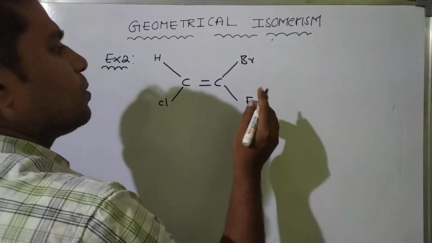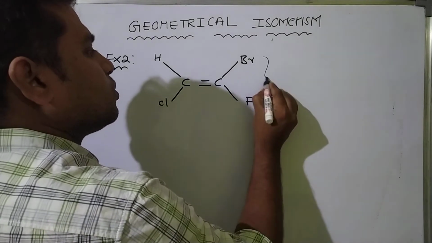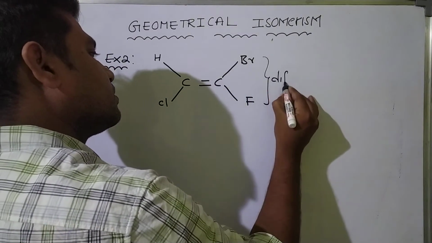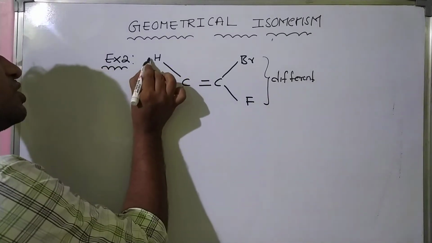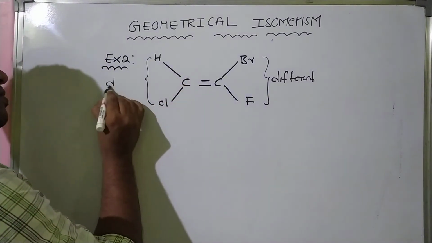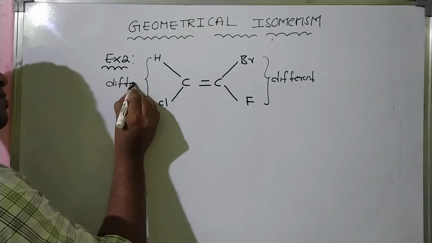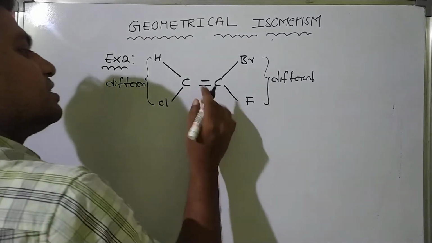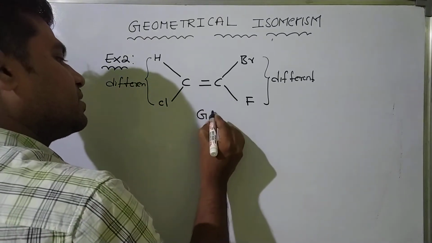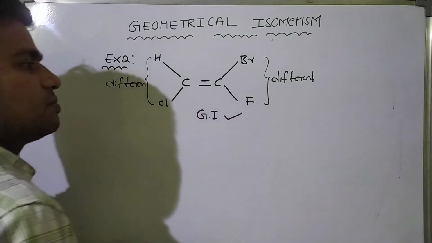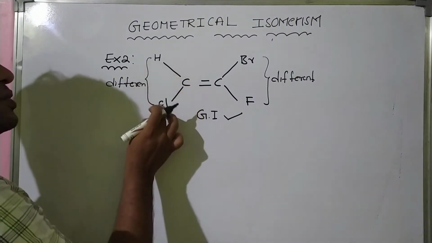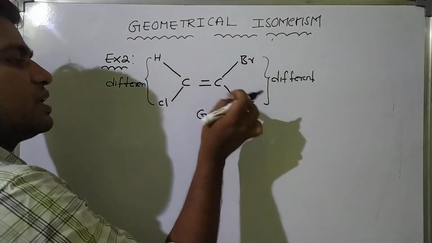Here also these two groups are different, and these two groups also are different. Hence this compound will exhibit, meaning will give, geometrical isomerism. Why? Because these two groups are different, these two groups are different.